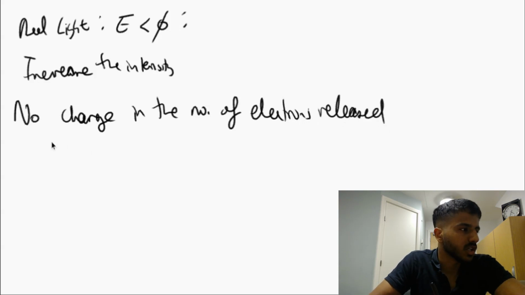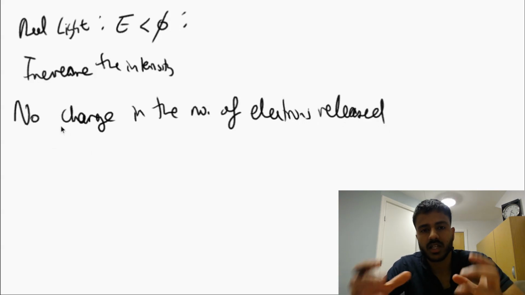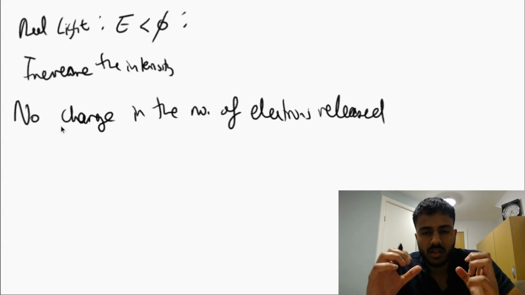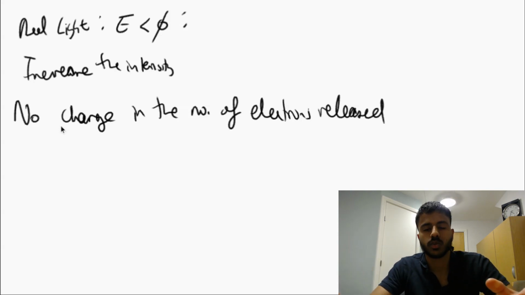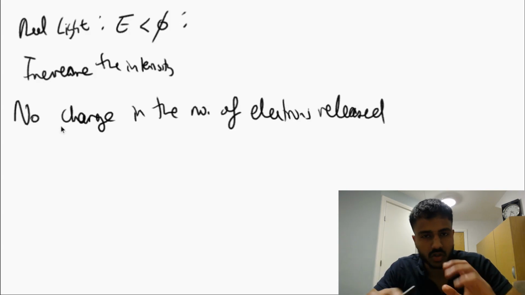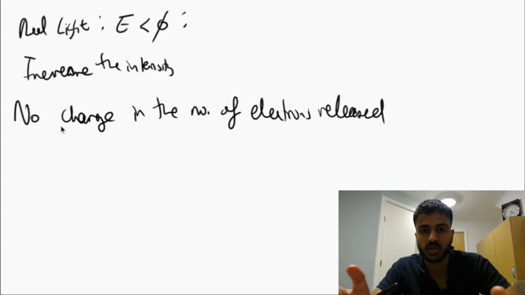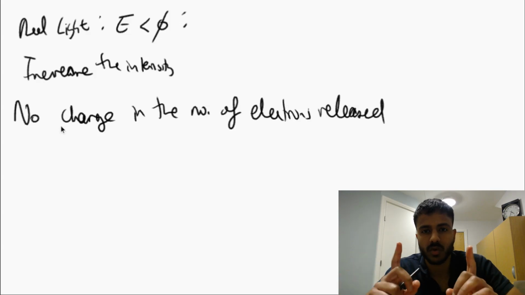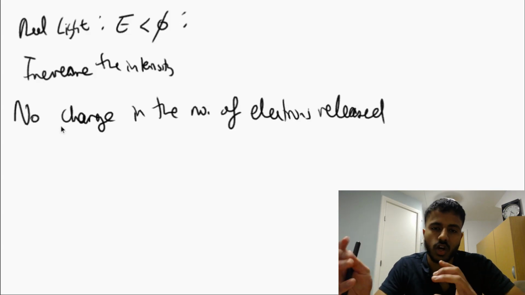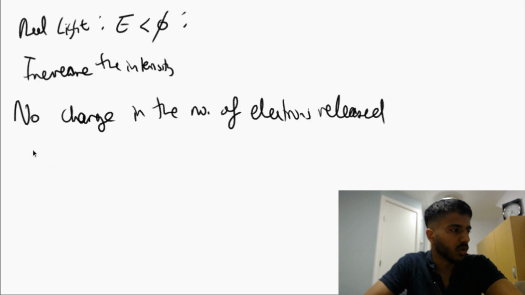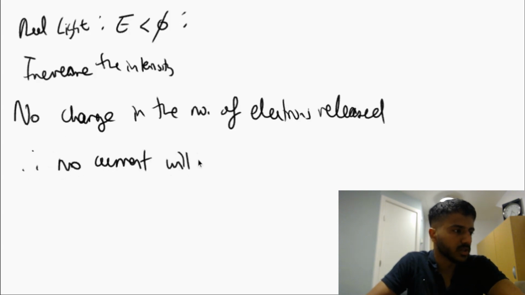And this is because the energy of this red light is less than the work function. So the photons do not supply the electrons with enough energy to be liberated. So no matter how many photons I hit on that metal surface, because of the one-to-one relationship, no electrons are going to get released. And therefore, no current will be produced.